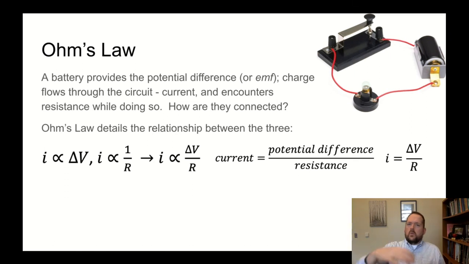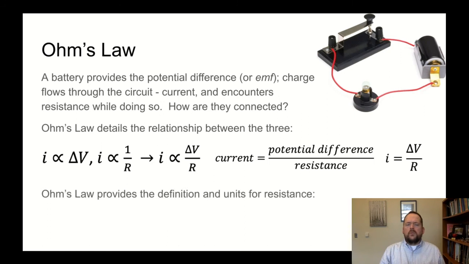That means if you know the potential difference of a given battery and you know the resistance that you have in the circuit, you can calculate how much current should flow through that circuit as a result. Ohm's law, by the way, also gives us a definition for and units for resistance. So resistance is the potential difference per current.